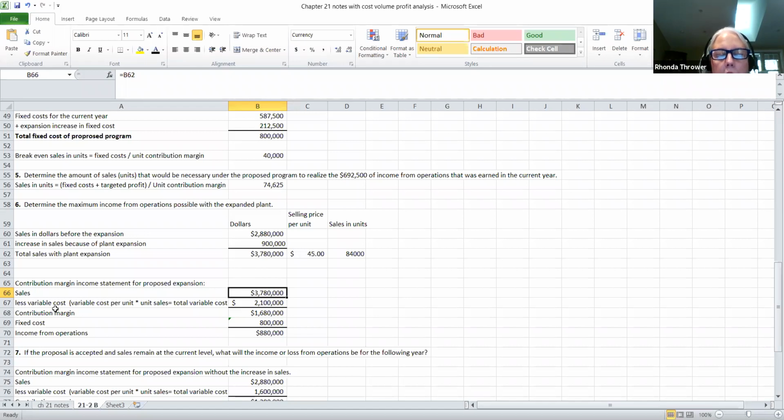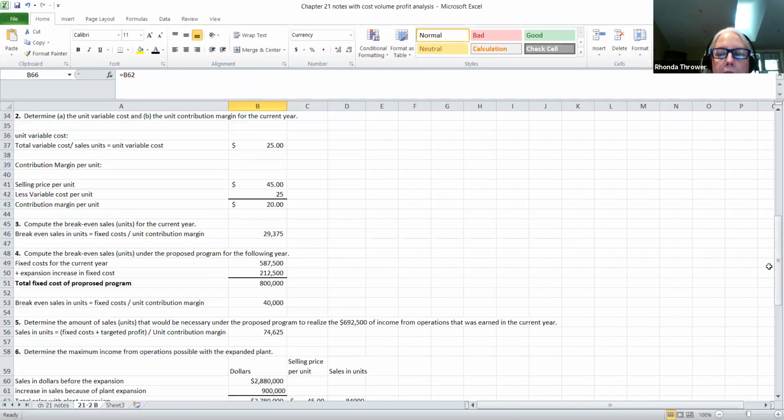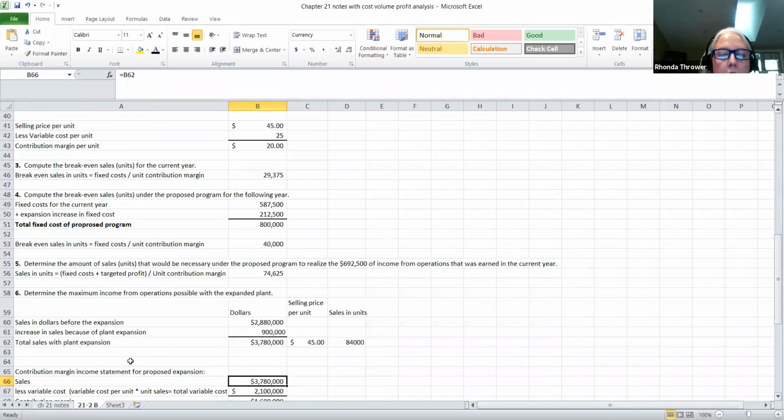What will change here is your variable cost. Your variable cost per unit remains constant. You remember the variable cost per unit rules that we talked about in the last video that I gave to you, were that the variable cost per unit would remain the same. So this variable cost per unit of $25 stays the same.